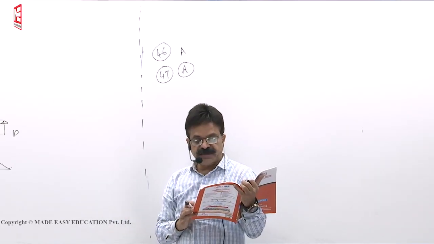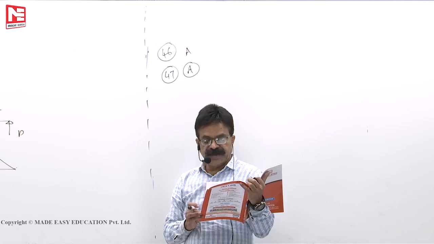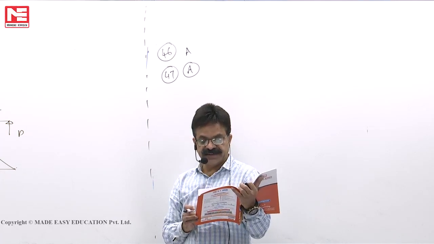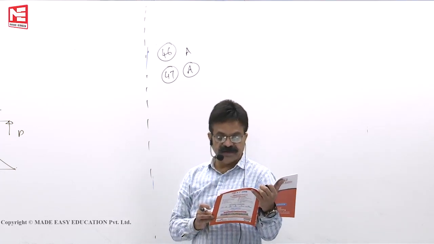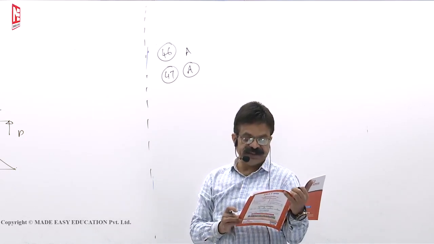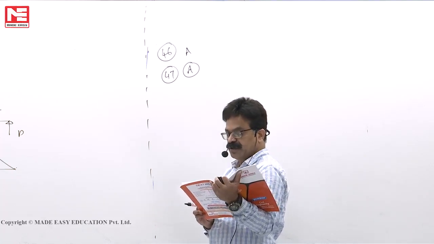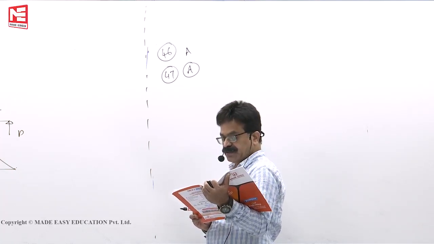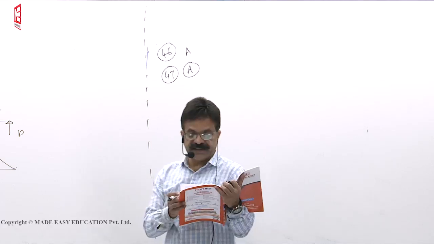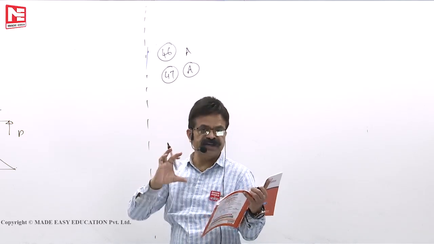Reason: vertical support reaction does not contribute to bending moment at any section. This is not the explanation. The reason is false. Vertical support reaction contributes bending moment at any section. This is not the correct explanation. Eddy's theorem tells you that H into the intercept gives you the bending moment.